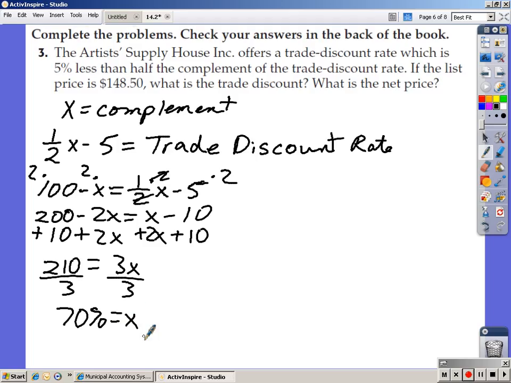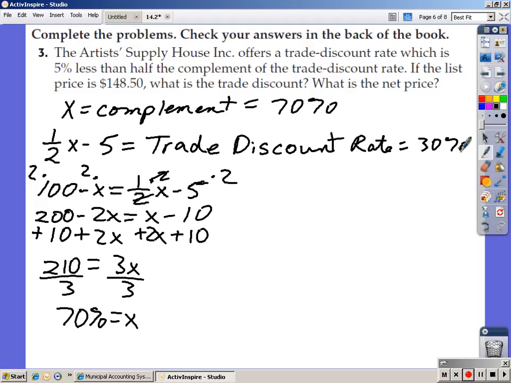Okay? Now, that is my complement. The best way to remember complement is what you actually pay for something. Your trade discount is 30%. You get 30% off the price.